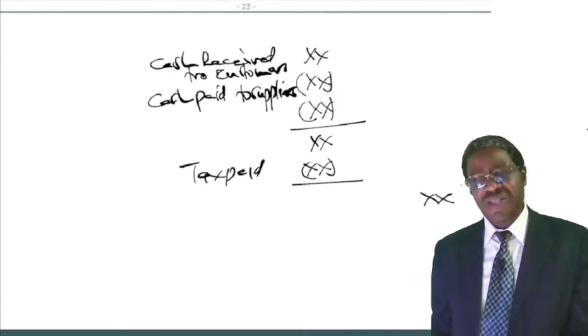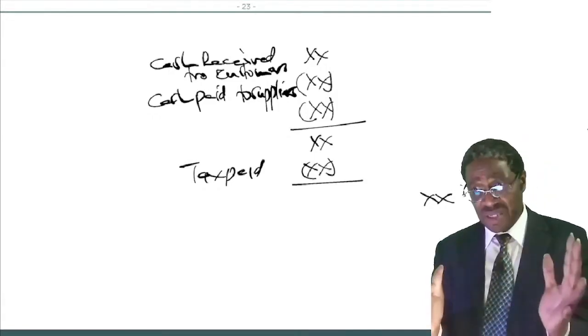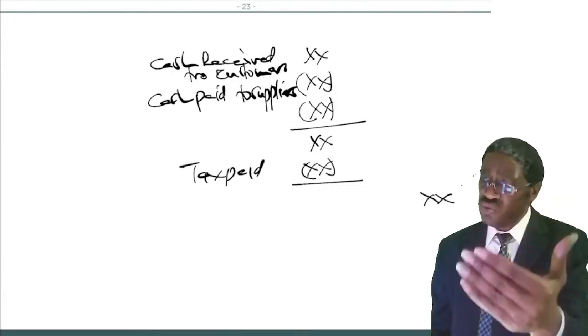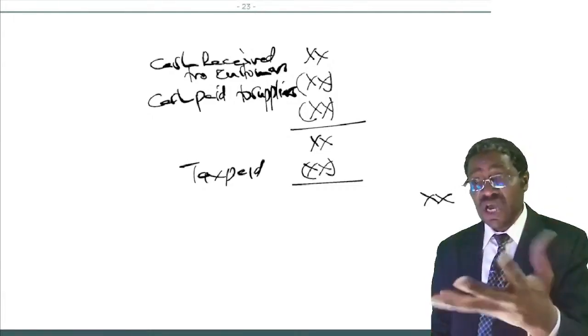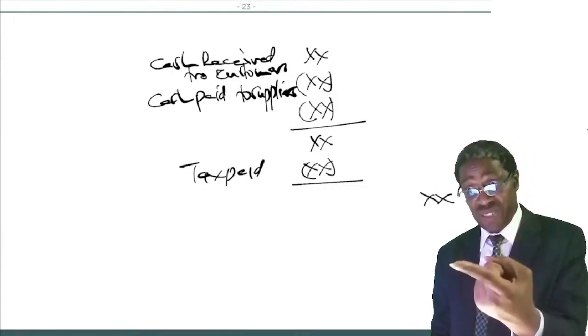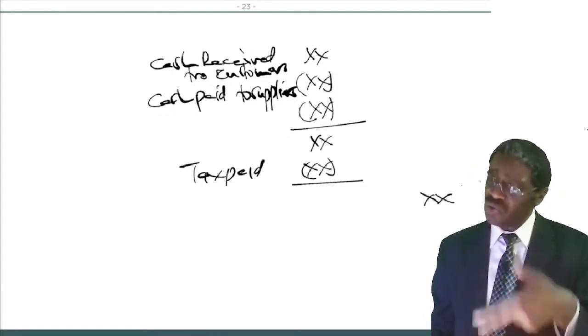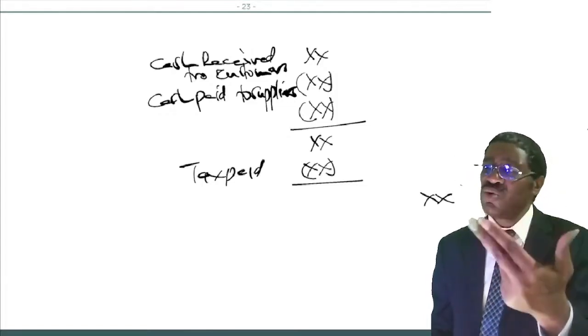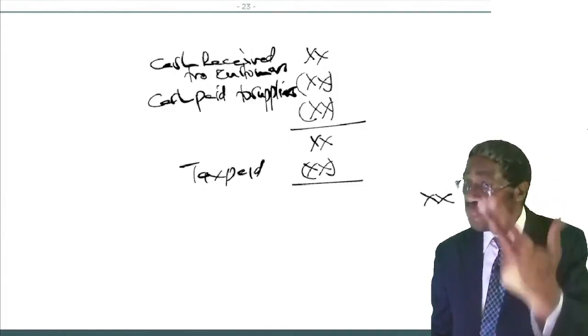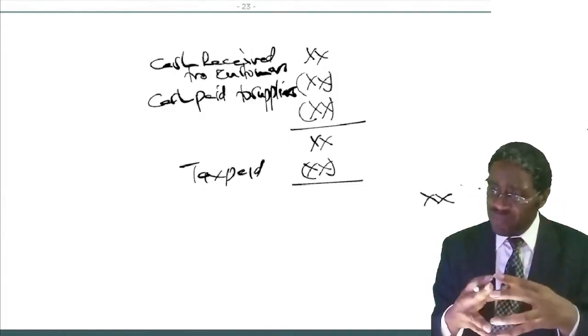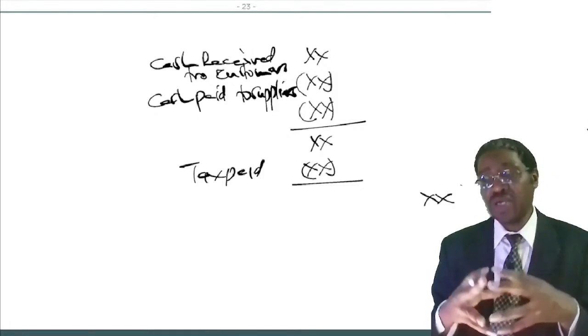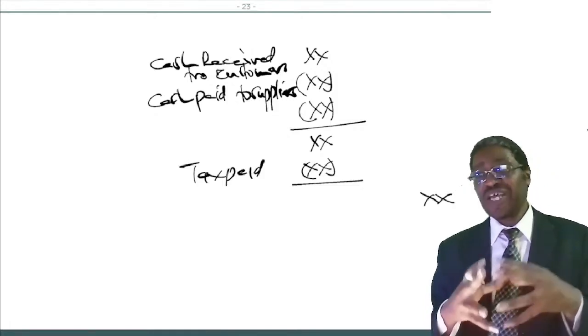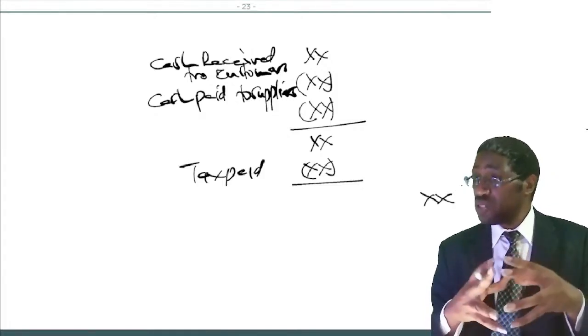Meaning, these are all your suppliers, people who supplied goods to you, maybe on credit. How much did you end up paying them this year? Those suppliers who supplied goods to you on cash basis, how much did you pay them? All of them, what is it that we paid all our suppliers? That's why we are calling it cash paid to suppliers.